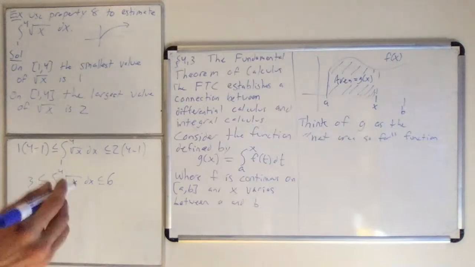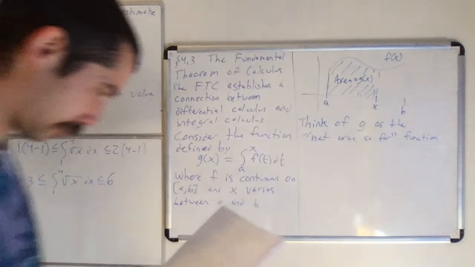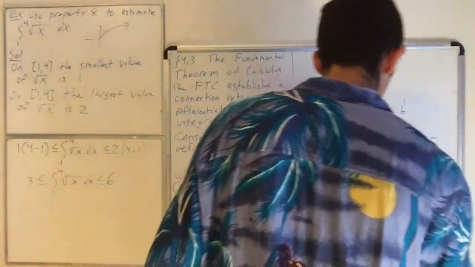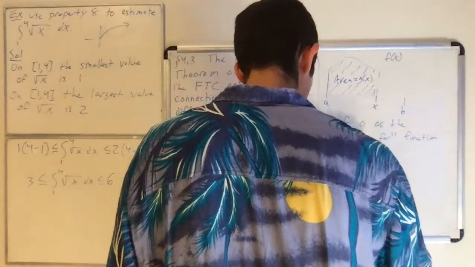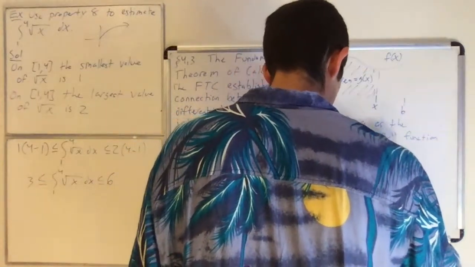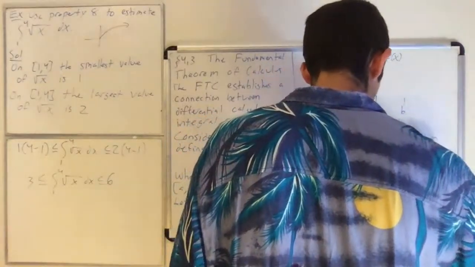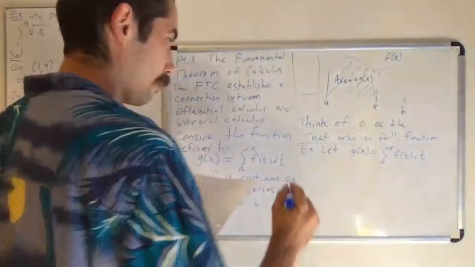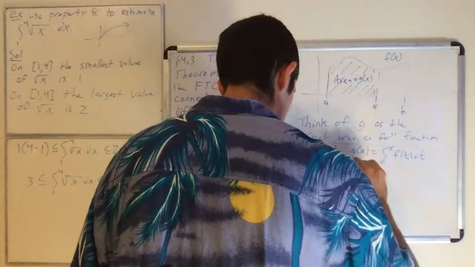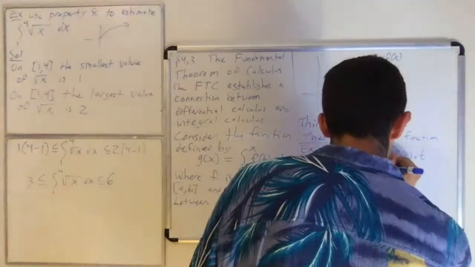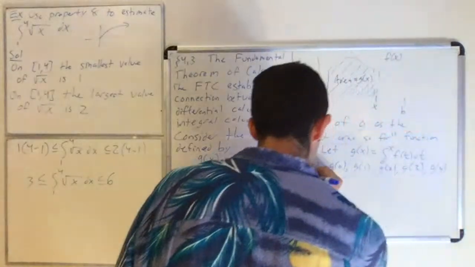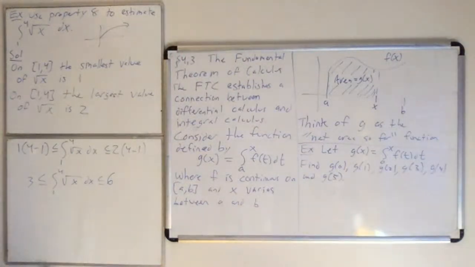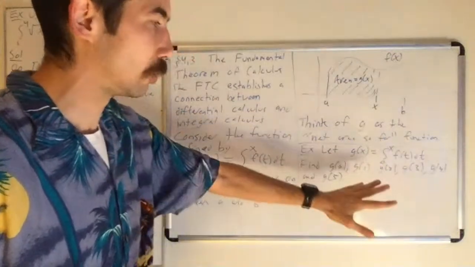Let's take a look at an example so we can see what's happening here with g. Let g of x be the integral from 0 to x of f of t dt. I haven't drawn f yet.